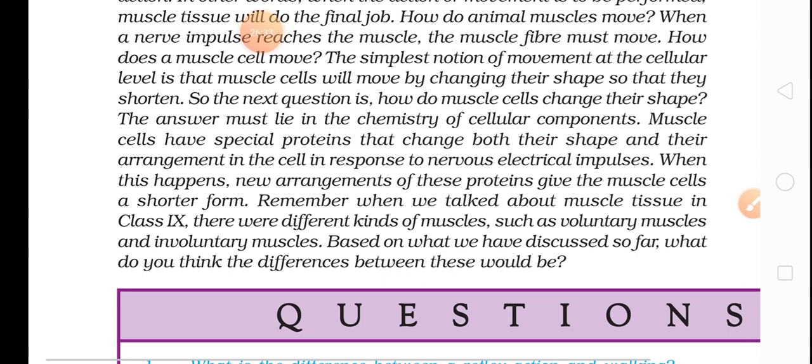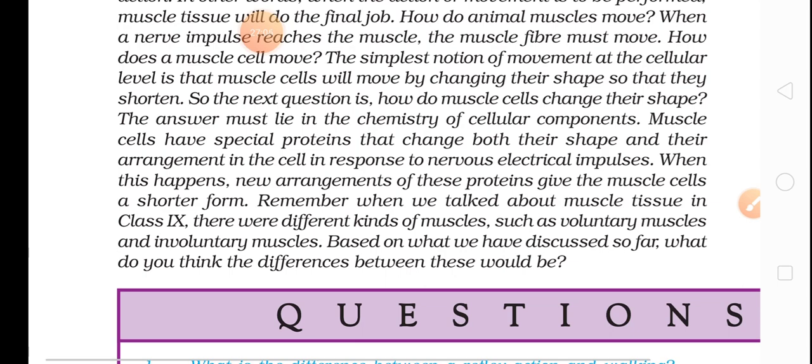The food which we are consuming, it is moving. So this movement is involuntary. And the third muscle you must have studied is cardiac muscle, which is only present in your heart region. Your heart is surrounded by some muscles, and these muscles are known as cardiac muscle. So this is just the recall of what you have studied in standard 9th.